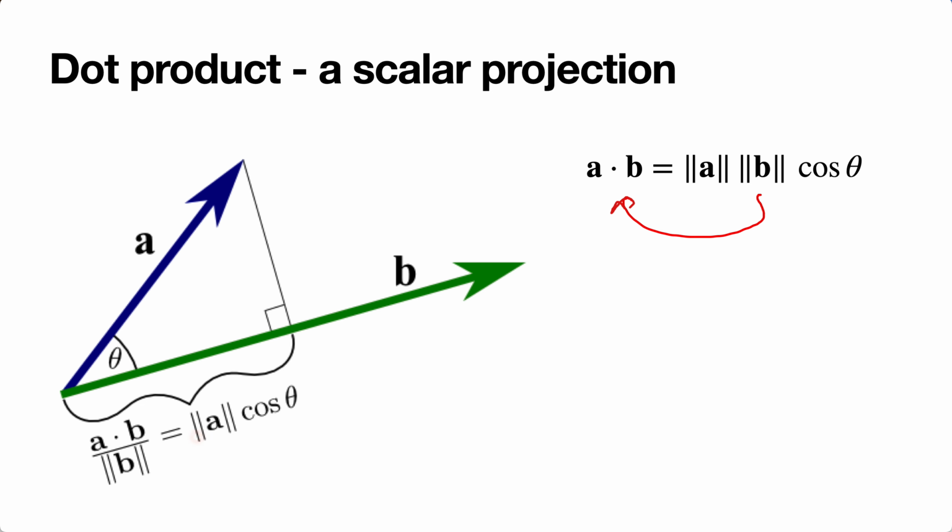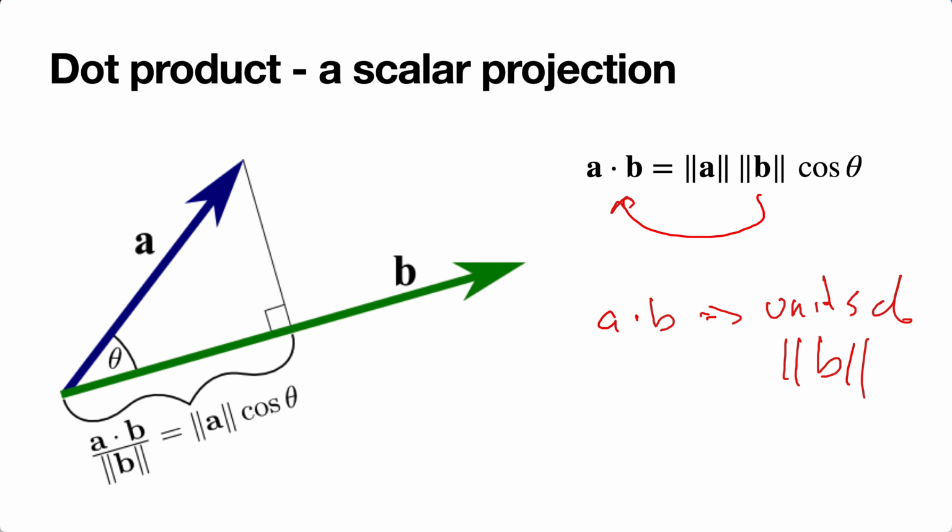This is now in contrast to the idea that A dot B is the perpendicular distance. Just note that A dot B is in units of magnitude on vector B. So whatever that thing is, it is the perpendicular distance.